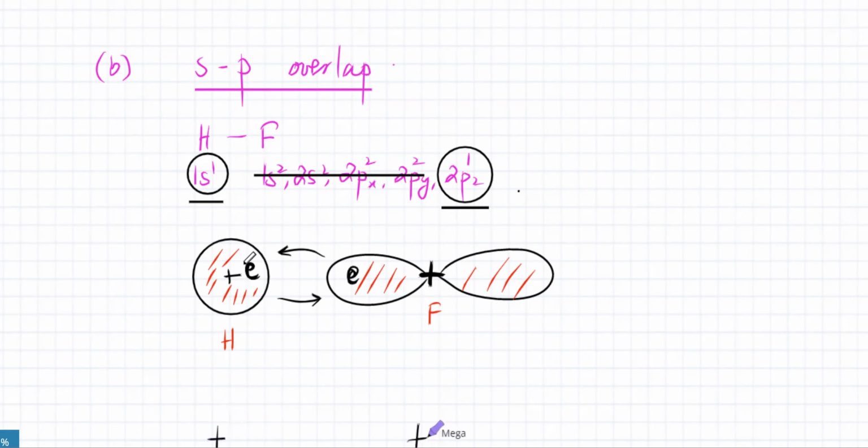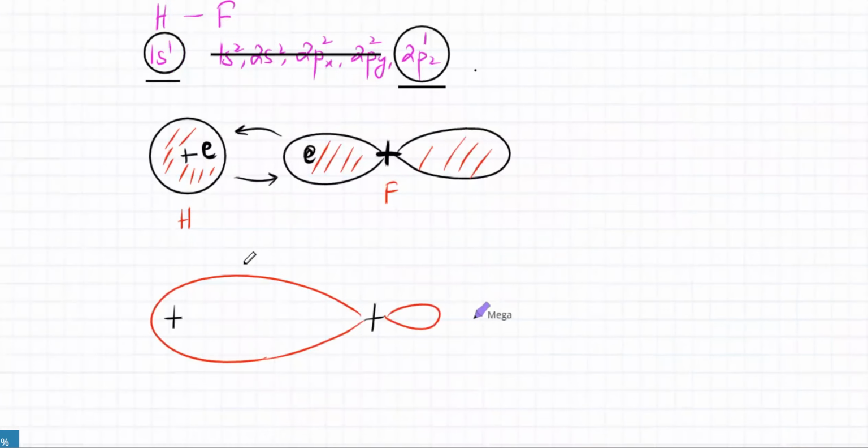And this time, after the merger, it's going to look something similar to this. The two electrons would be stuck in this middle area over here.